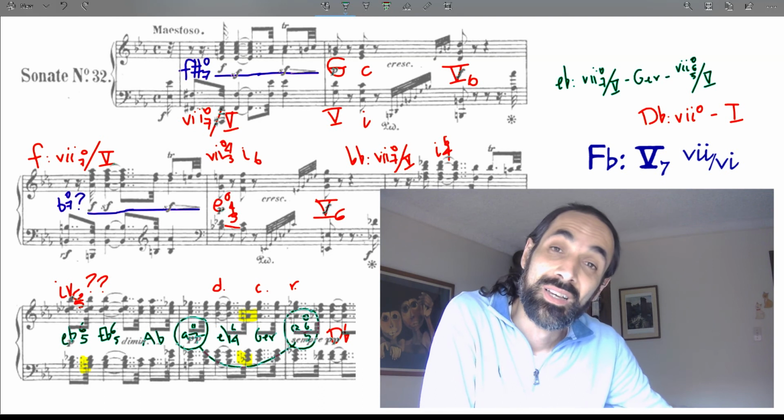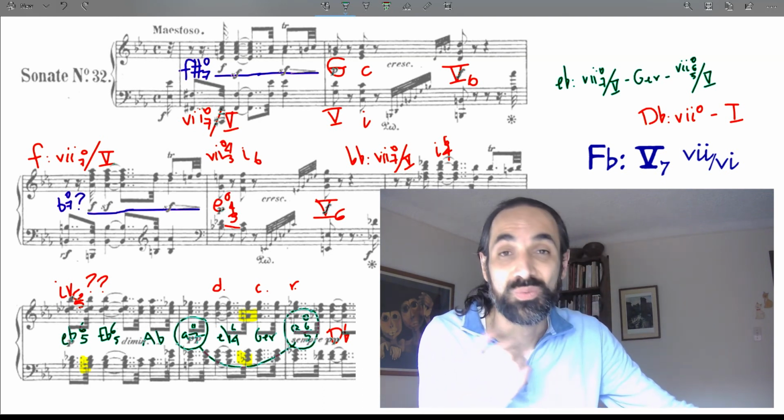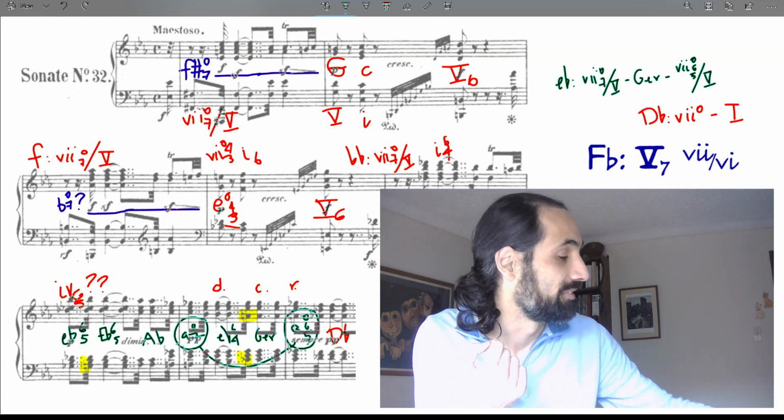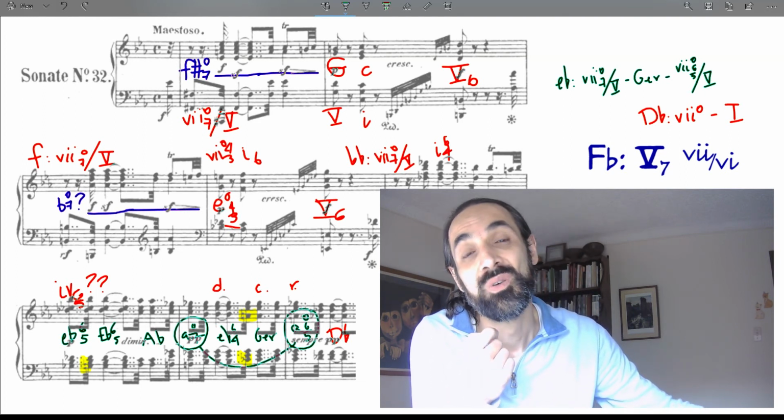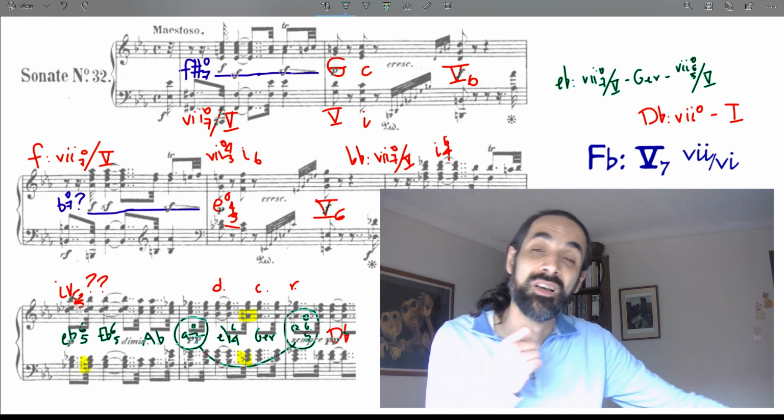So what was an approach to a German chord is reinterpreted as a normal 5 chord on which we're going to mediate a deceptive cadence onto D flat.